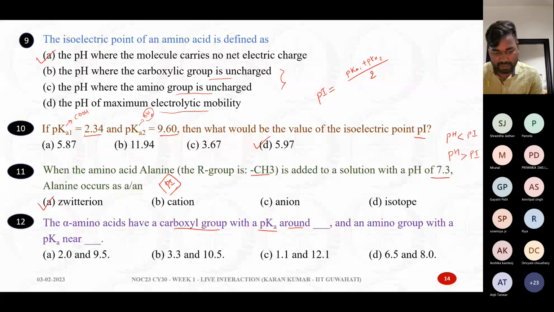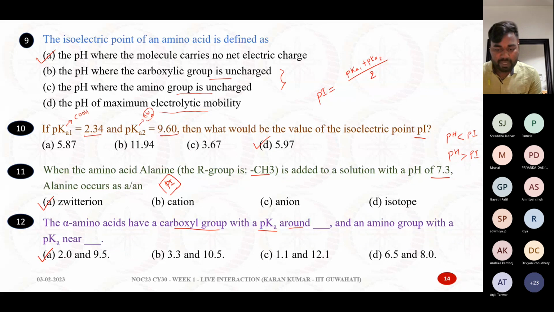So what is the correct answer here? What is the common pKa value of an alpha amino carboxylic group? Sir, 2 and 9.5. 2 and 9.5. Very good.